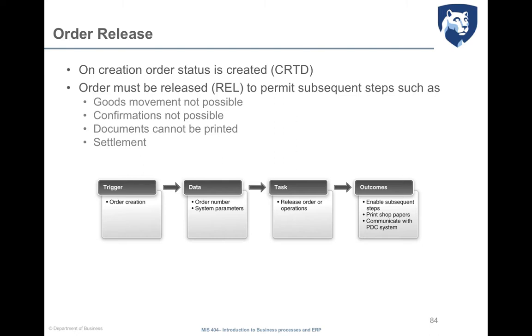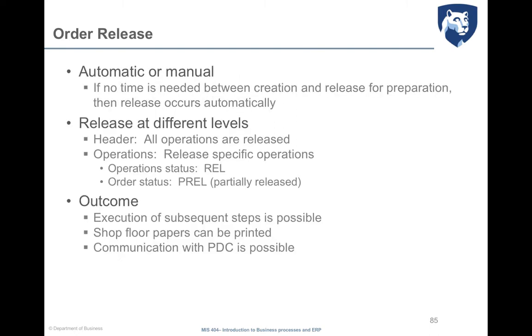Because once the order is released, it means that the system is going to process it. So you need to be ready in terms of goods, in terms of capacity, in terms of resources to then process it. And if you're not, you can manage this procedure manually and release the order just once you have verified that all is okay in your production system.